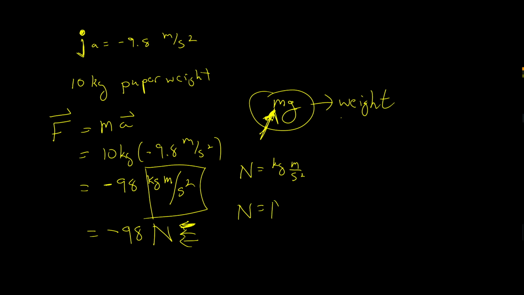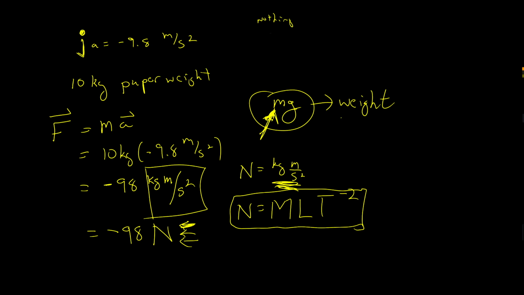We have mass, length, time to the negative 2. And so there's Newton's laws in the dimensions that come out in our units. So we always want to make sure our units check. And so we now have a new thing that we've added to our list, and that is the Newton. Our journey has been from nothing to displacements in length, delta x's, to velocities, which is delta x over delta t, to accelerations, delta v over delta t.